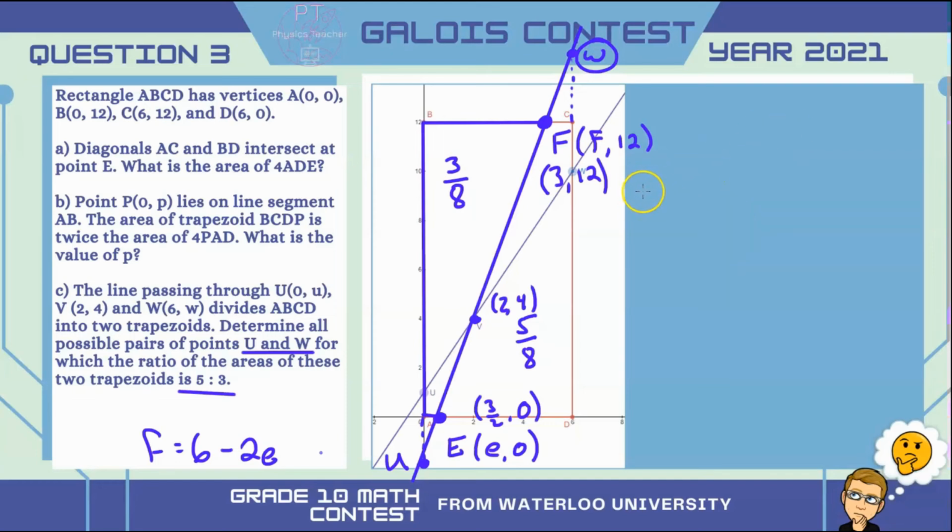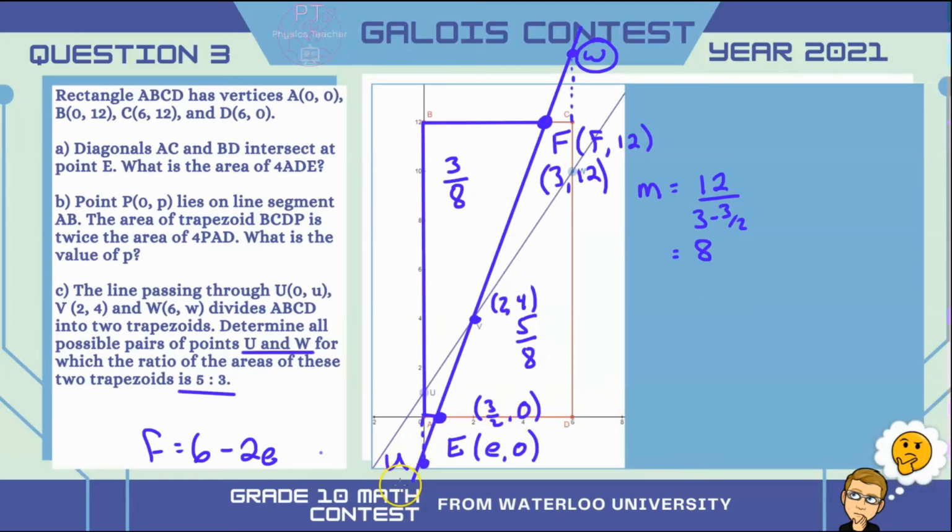So the slope, m, is equal to, again, the difference in our y coordinates, so our rise, which is 12 minus 0, which is just 12, divided by our run, which is 3 minus 3/2, which gives us a slope of 8. So now that we know what the slope is, we can figure out the coordinates u and w.